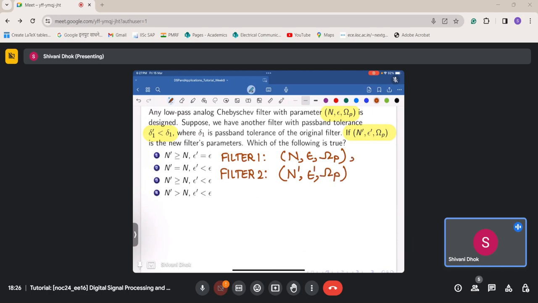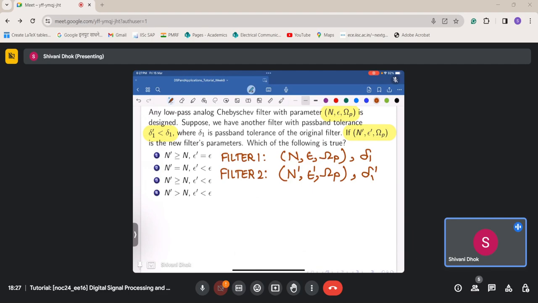For filter 1 we have a passband tolerance of delta 1, and for filter 2 we have a passband tolerance of delta 1 prime, and the stopband tolerance for both of them is the same. So we need to find the relation between these two quantities and these two quantities. Let us try to do that.